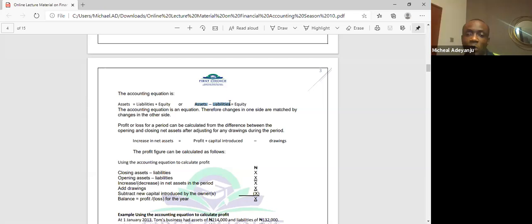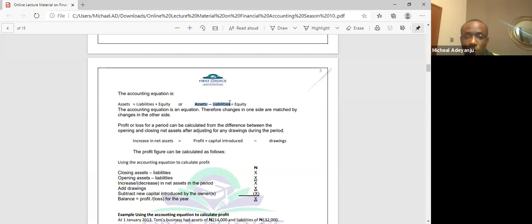So once you are talking about net assets, we are discussing assets minus liability. So assets minus liability equals equity. Then we can simply say that profit plus your capital introduced minus your drawings equals your increase in net assets.